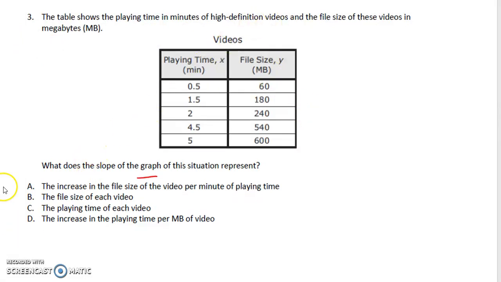So go ahead and try to interpret this graph, read through A, B, C, and D, and then we'll discuss the answer. You guys are right. The increase in the file size of the video per minute of playing time. So this file size is increasing as my time is increasing. That's what it's telling me.